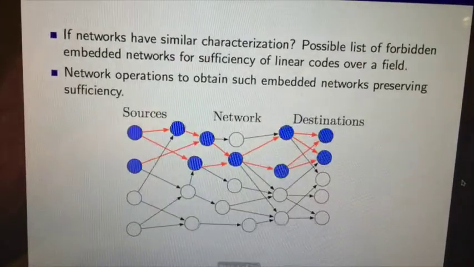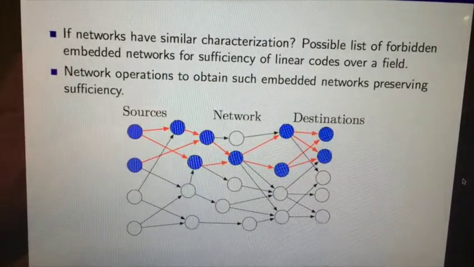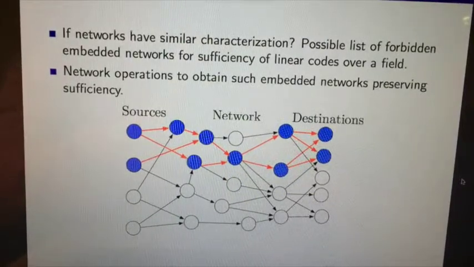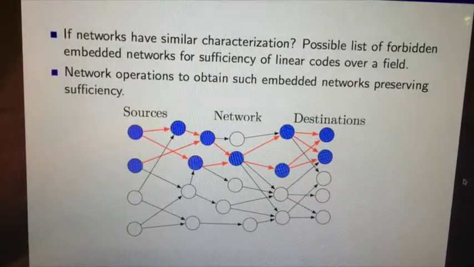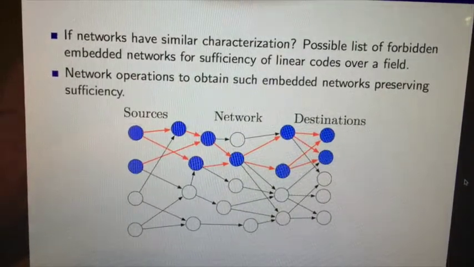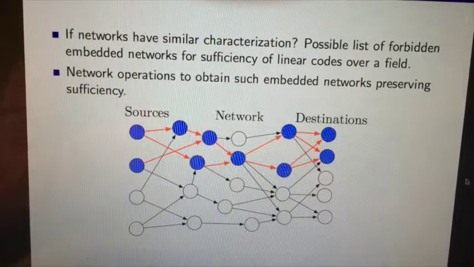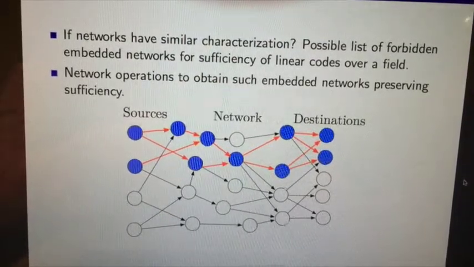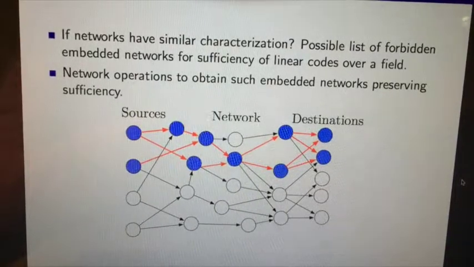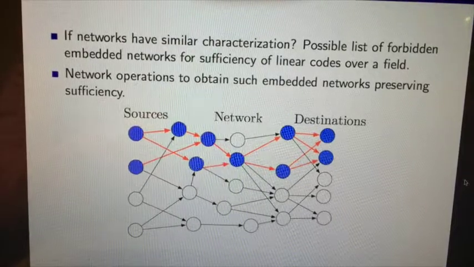So we want to see if networks have a similar characterization. If so, we could have a list of forbidden embedded networks for sufficiency of linear codes over a field. As the picture shows, if a big and complicated network is not Fq code sufficient, can we find the smallest embedded network for which Fq codes are not sufficient?